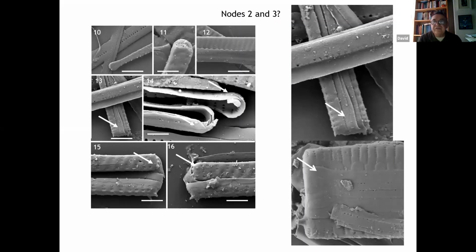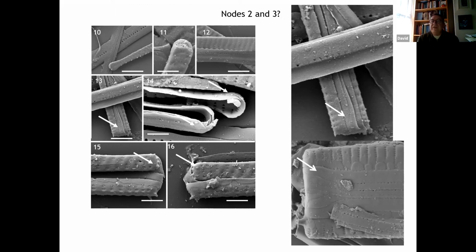I think this is an interesting species, largely because where the arrow is here, what we have now is this very peculiar kind of girdle band to it. That, as far as I recall, seems to occur in crotonensis and a couple of these other long skinny things.